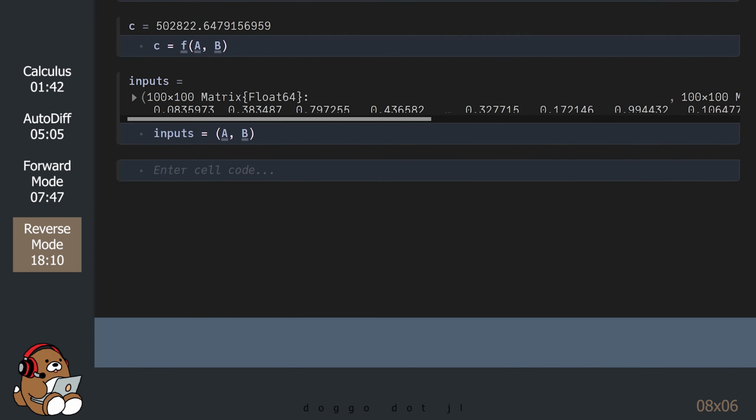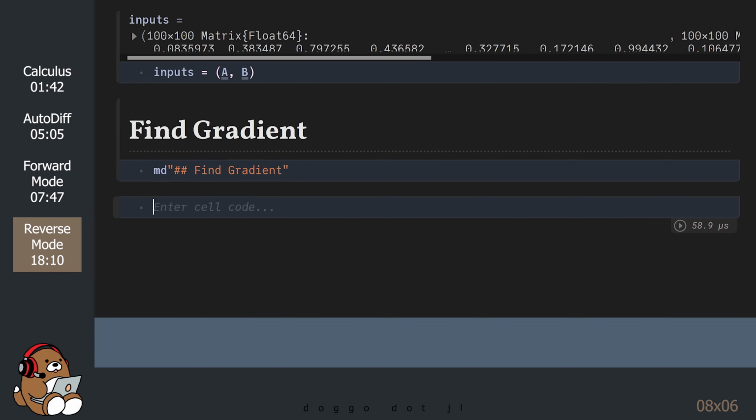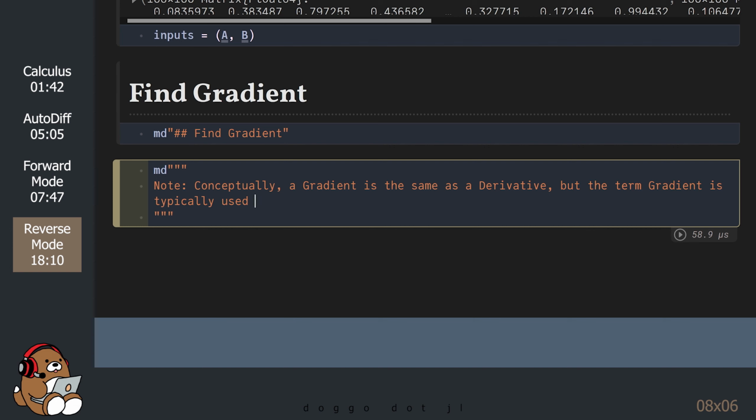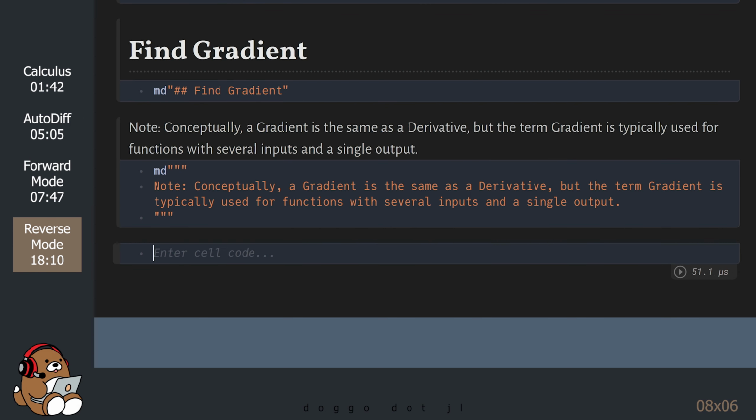Now, we can use the reversediff.jl package to find the gradient. Conceptually, a gradient is the same as a derivative, but the term gradient is typically used for functions with several inputs and a single output.